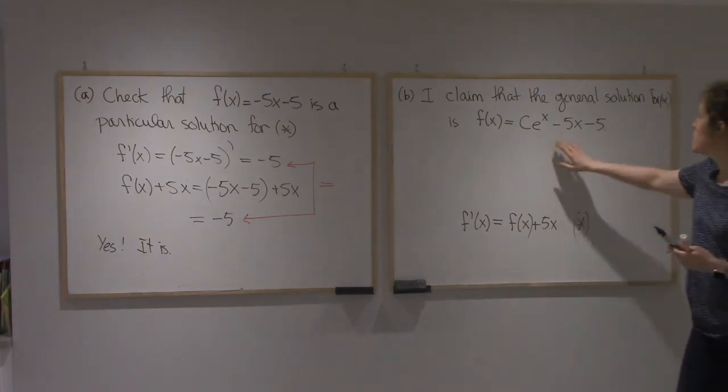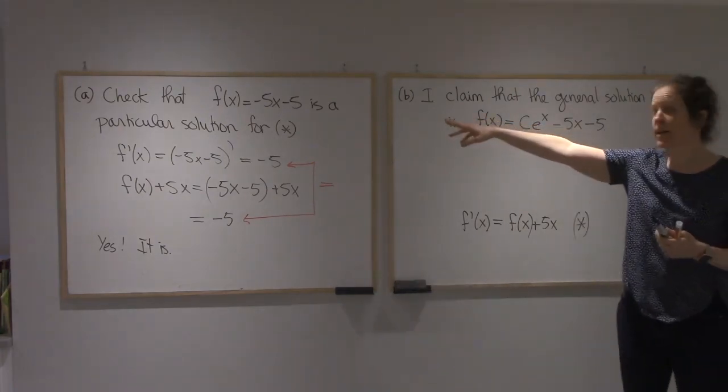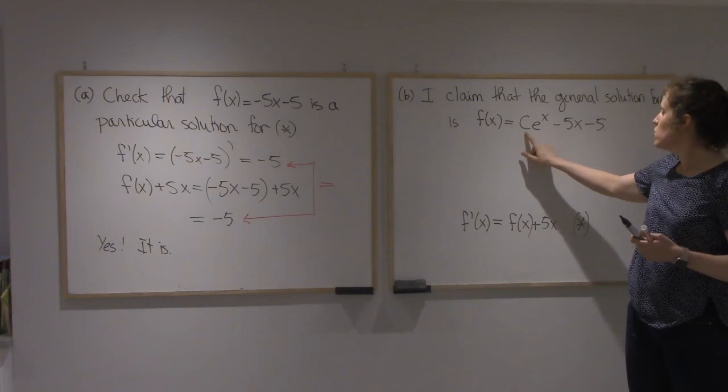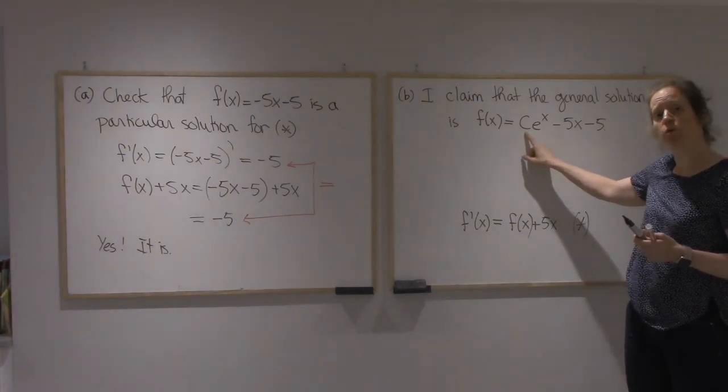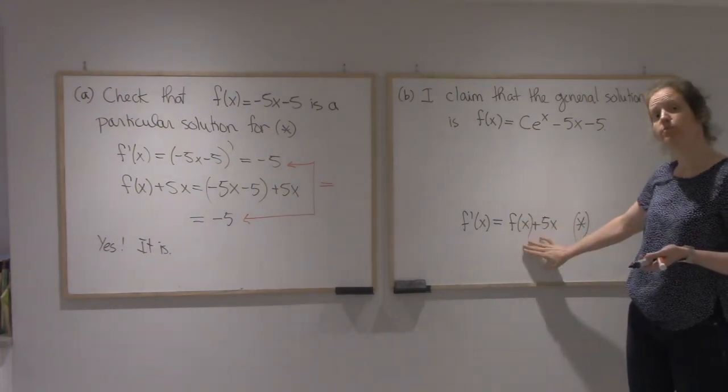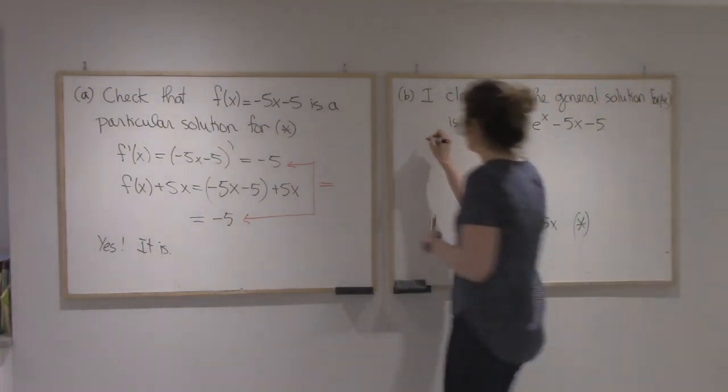So you can see the minus 5x minus 5 that I had in A, so that would be one specific solution, one particular solution, but that solution would be only one of many, so that would be the one for c equals 0. But any value of c, I claim, would give you a solution for this, so let's check.